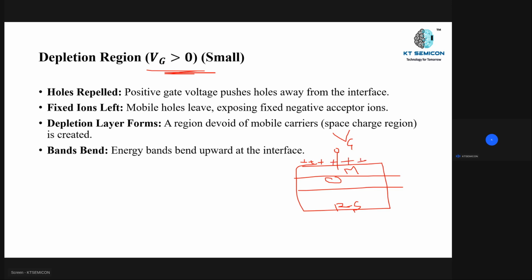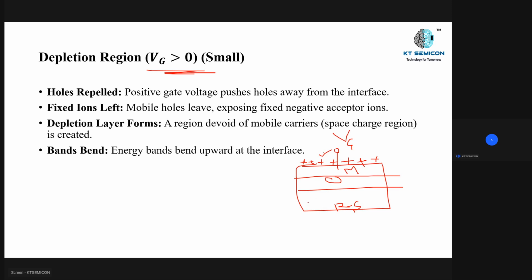So whenever we apply positive voltage at the gate, what happens? My majority carriers are holes, which means positive charge. Because of this positive charge, my holes will repel. Why? Because the same charge repels, right? Here we are applying positive voltage, and the p substrate also contains holes, which are positive charge.